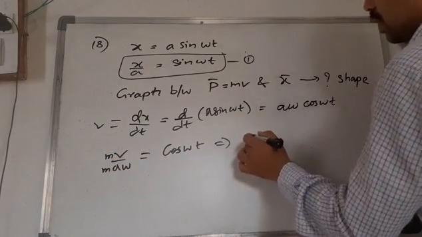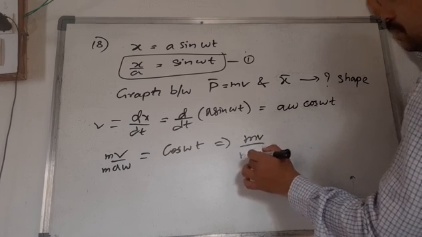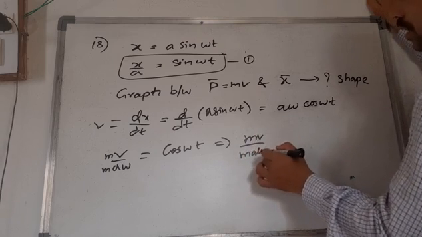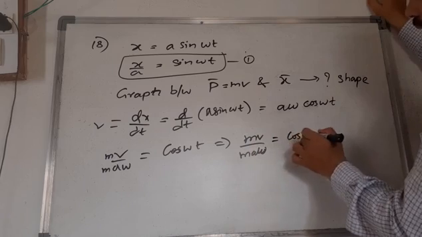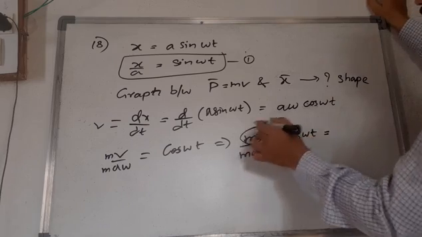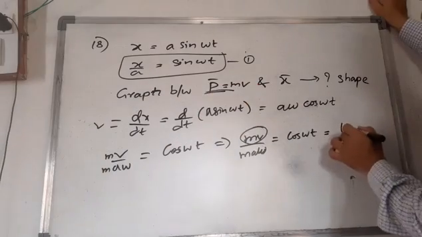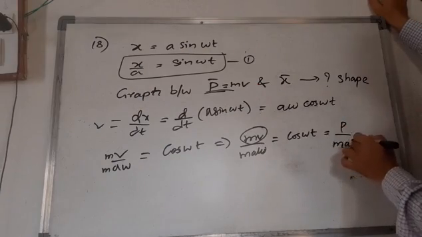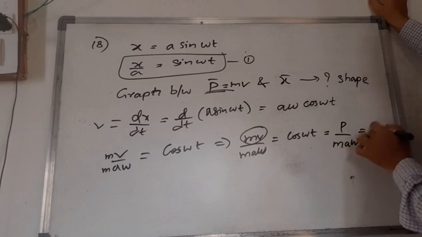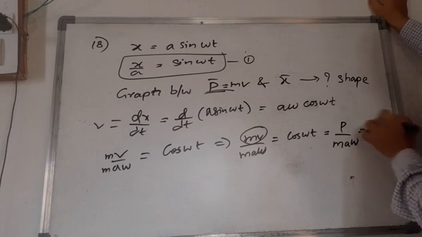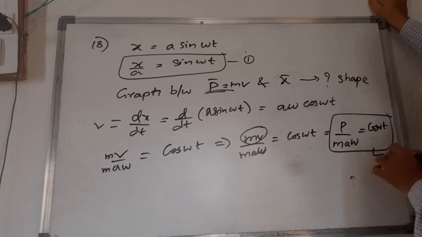What we will get is mv by m a omega is equal to cos omega t. But mv is equal to how much we said? p we said. So p by m a omega is equal to cos omega t. This is our equation number 2.